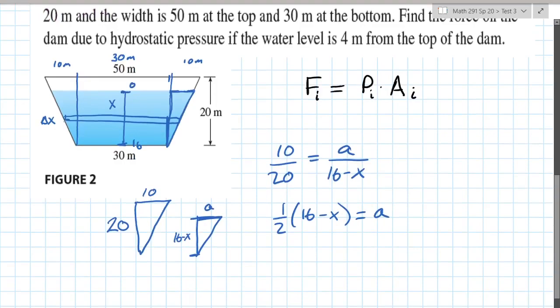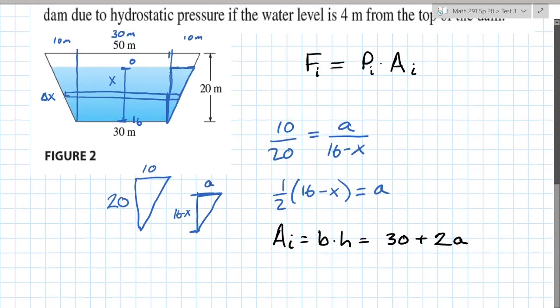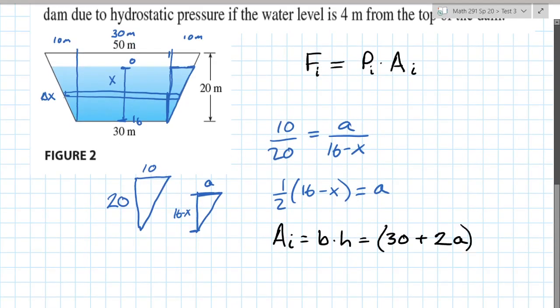So back to our area. Our area of the ith strip is going to be the base times the height. The base of this is going to be 30 plus 2a. The height is going to be delta x. We're almost there because we want a in terms of x.